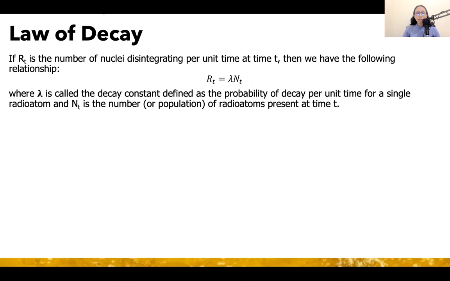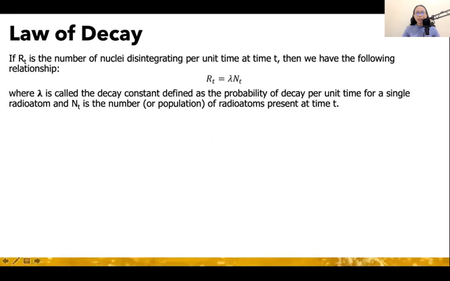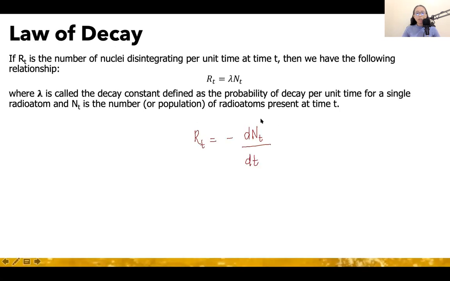Now, this R sub t can also be defined in terms of a differential. We have R sub t equals negative the change in the number of radioatoms over the change in time, or dN_t over dt. Again, we have the negative sign because we know that the number of radioatoms is decreasing.